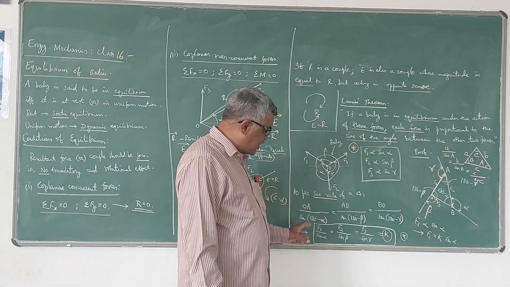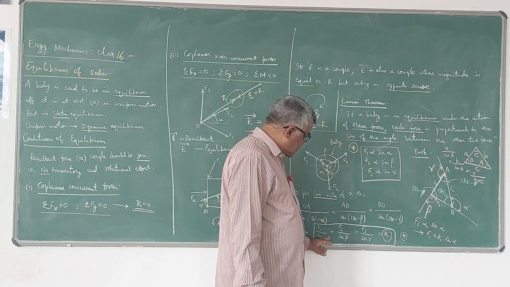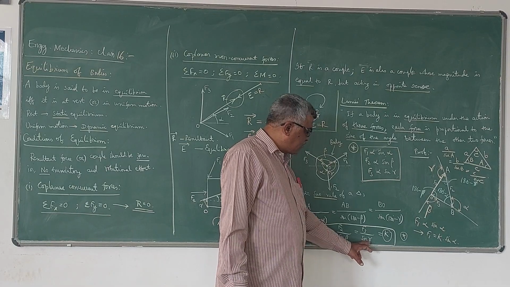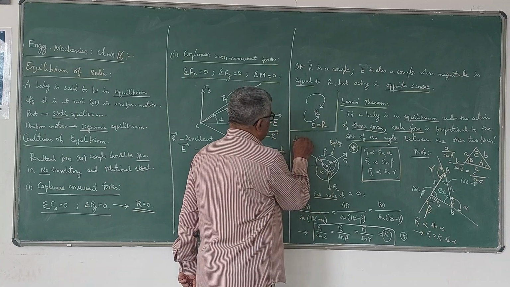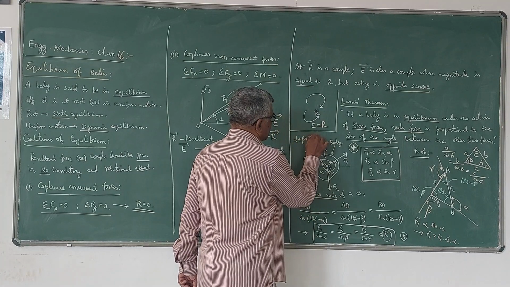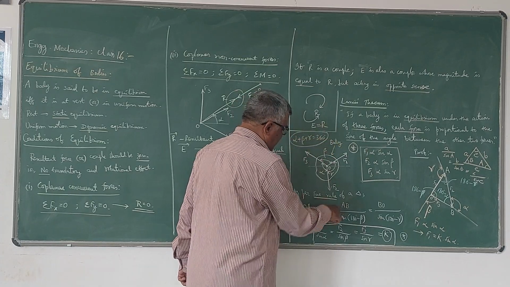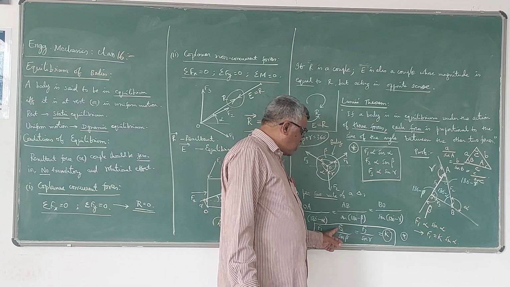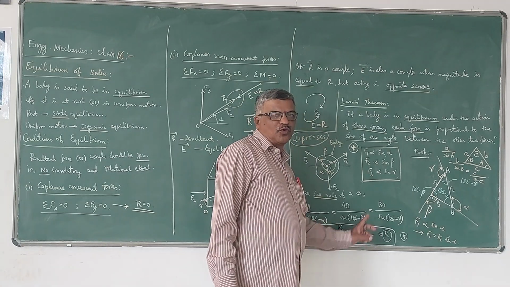Please observe here, in the case of Lami's equation, if you know any 2 angles, suppose you know alpha and beta, gamma is automatically known because alpha plus beta plus gamma is equal to 360 degrees. If they give any 2 angles, you can find the third angle. And if you know only one force, you can find the other 2 forces.